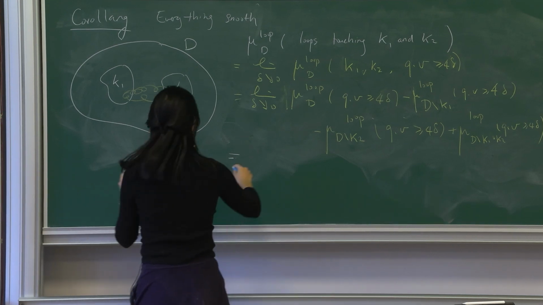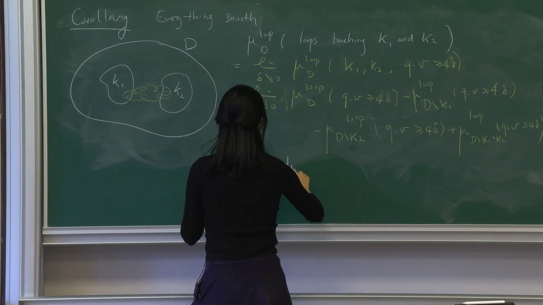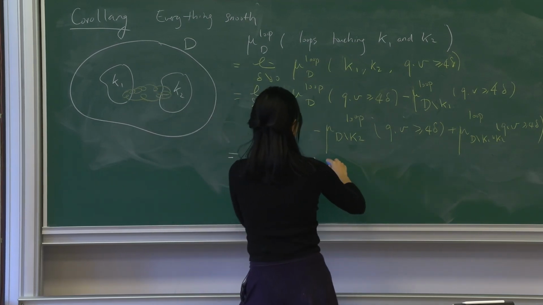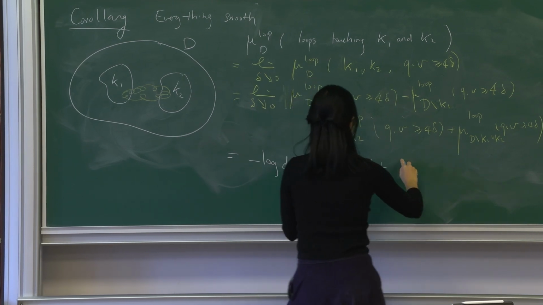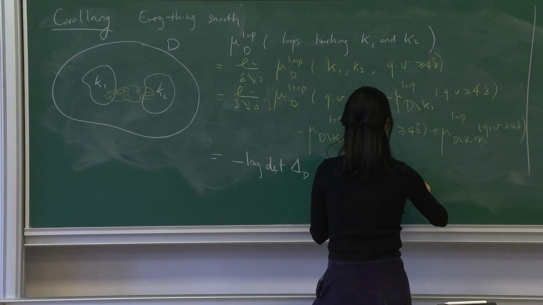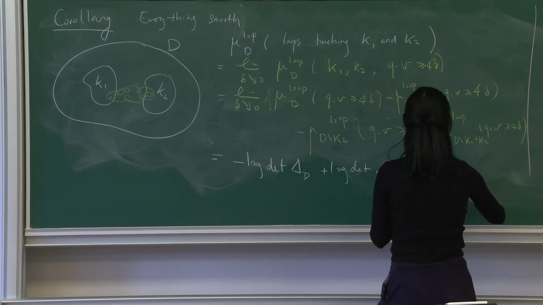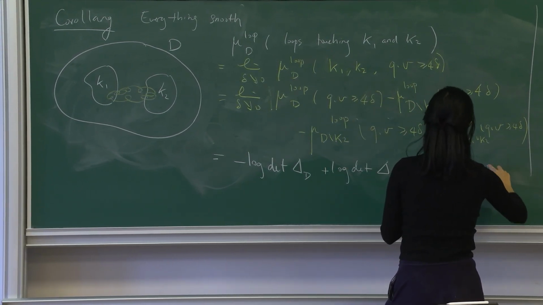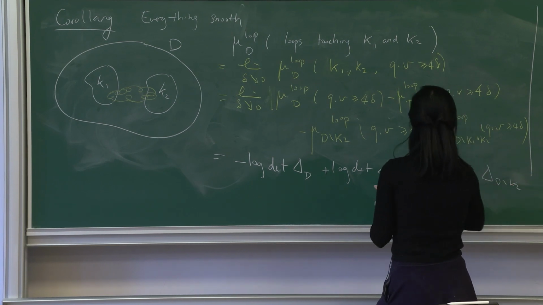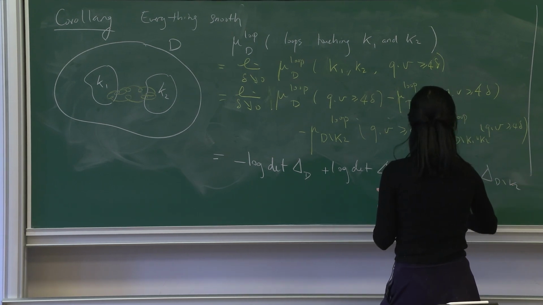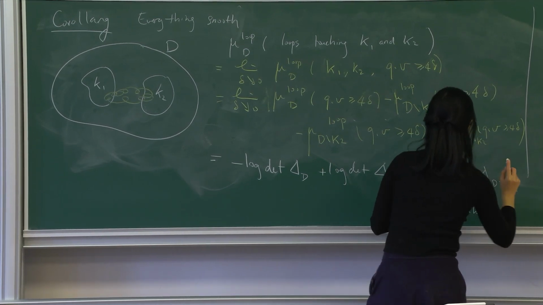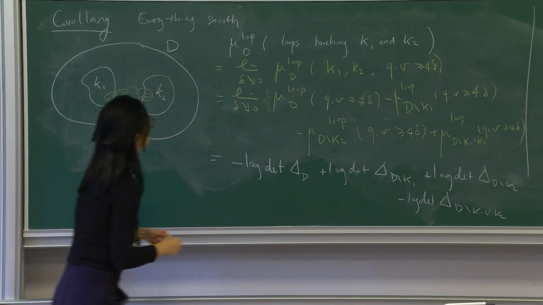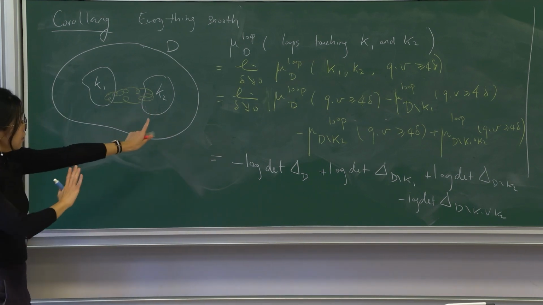So in the end, you get minus log determinant of Laplacian of D plus log det D minus K1 plus log det D minus K2 minus log det Laplacian D minus K1 including K2. And everything is rigorous now.